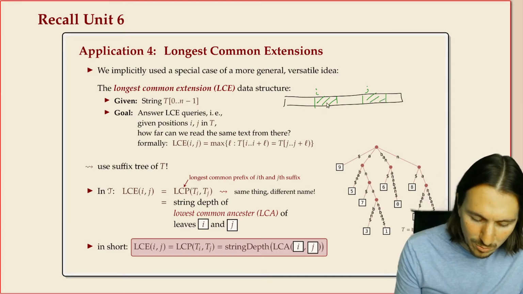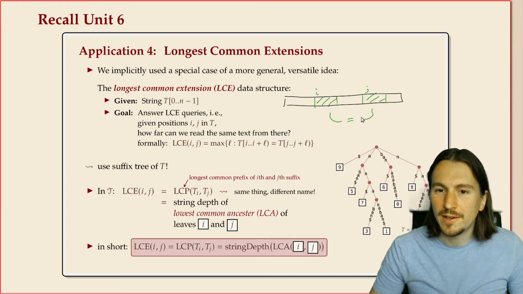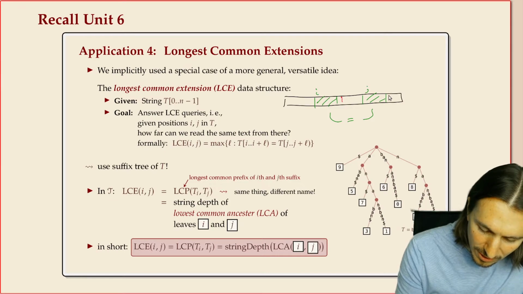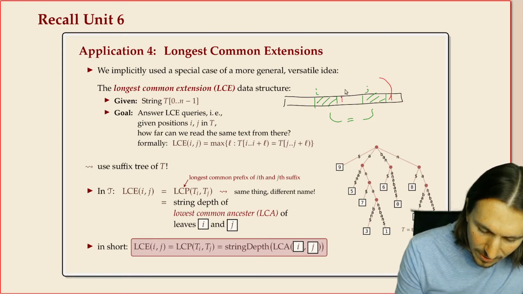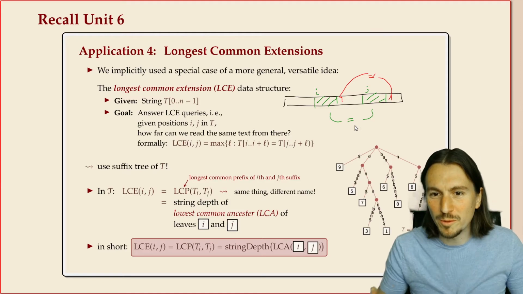So these two things should be the same. And of course, because it's longest, it means if you go to the next position then it is not the same. Otherwise, your longest common extension would be one bigger.